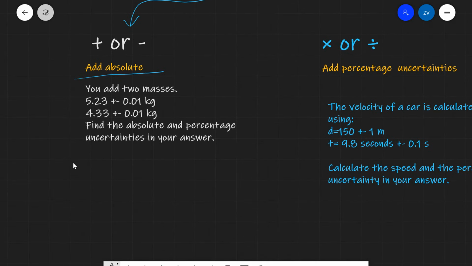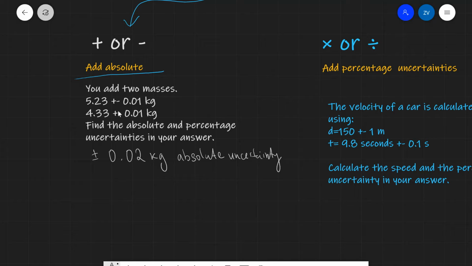Now, because we're just adding those two masses, the overall absolute uncertainty will be given by plus or minus 0.02 kilograms. And this is the absolute uncertainty.